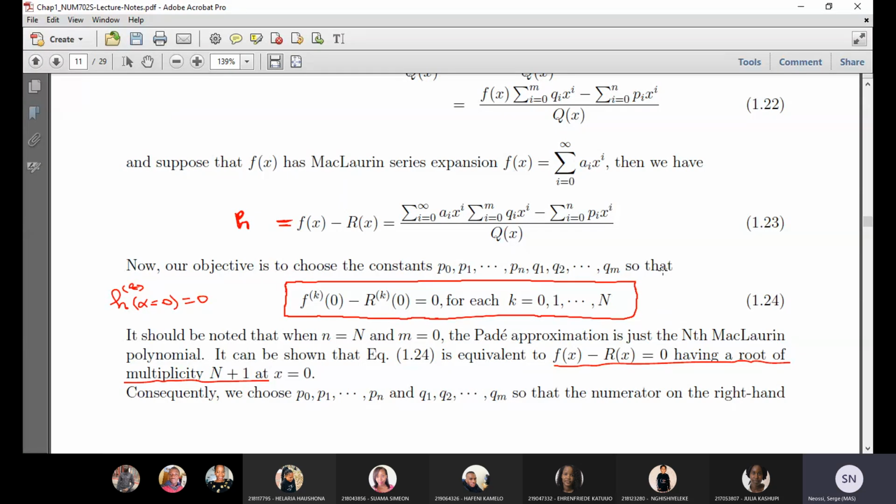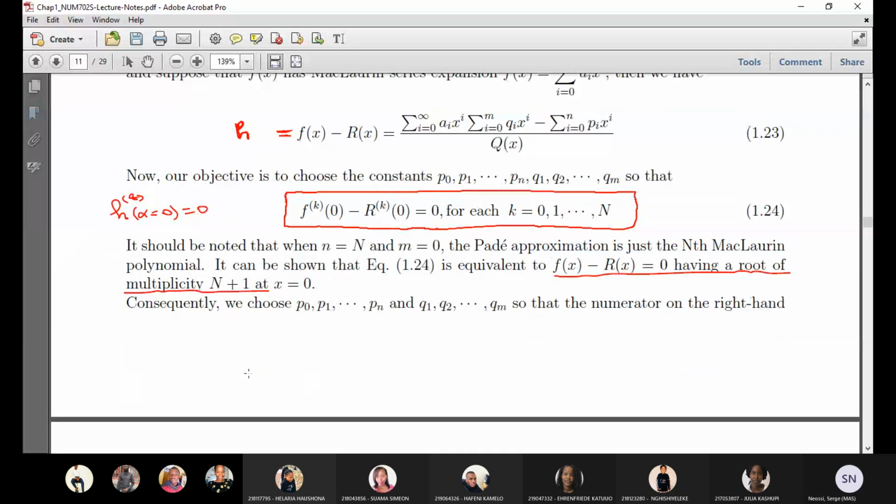Okay, now what is the consequence of that? It is so simple. The consequence of the fact that the multiplicity will be n plus 1 is the following.